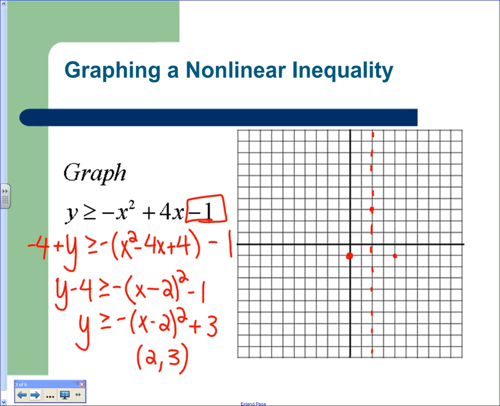Negative 9 plus 3, negative 6. So that would also give me that point. If you use 1, 1 minus 2 squared, negative 1 plus 3, which gives me that point as well.